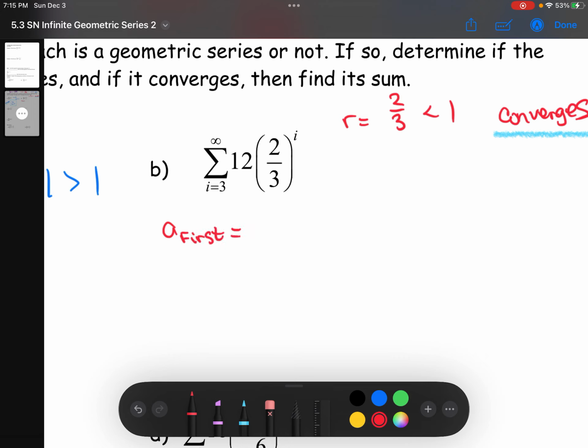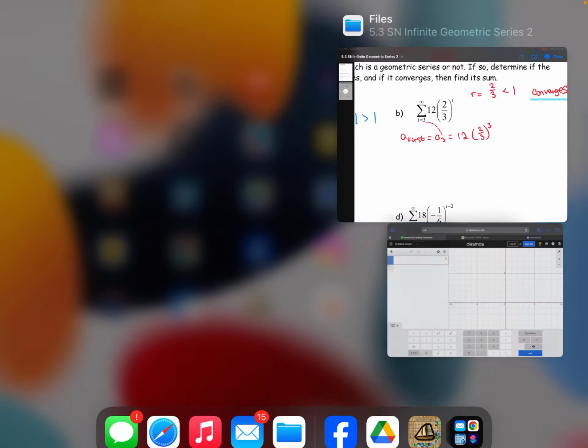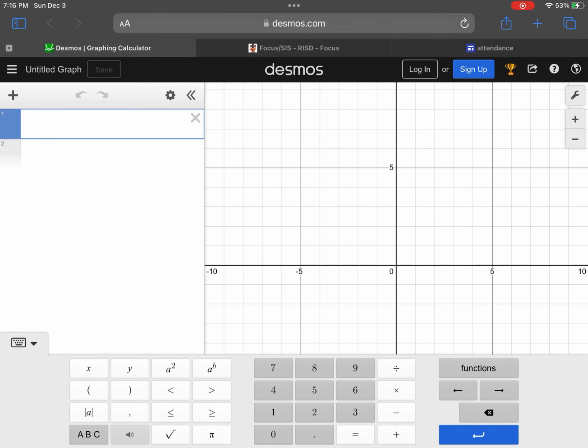A first in this case is a sub 3, because of that 3 on the bottom. So what we need to do is plug the 3 in place of the i. So 12 times 2/3 to the power of 3.